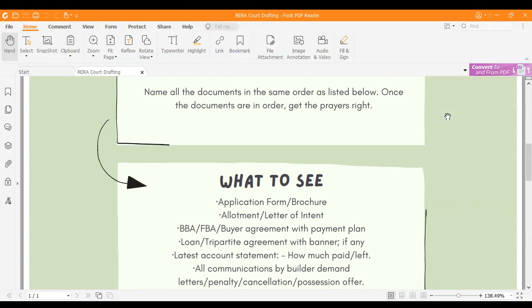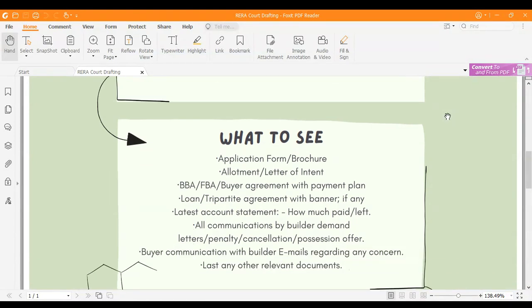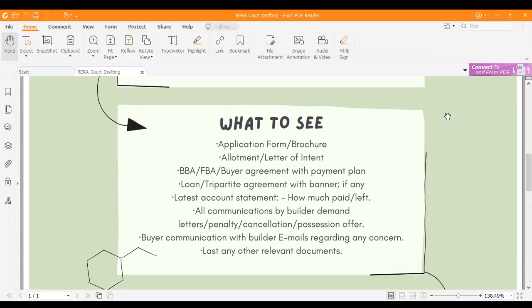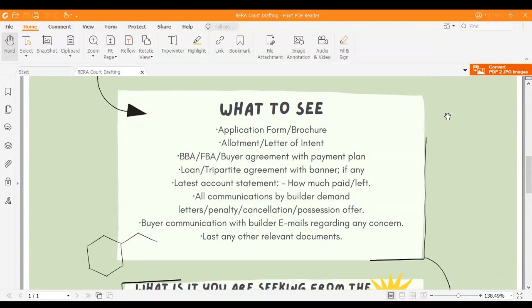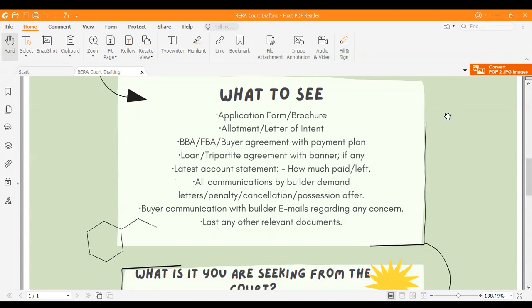Then, based on the application form, the builder issues an allotment letter. Then, once a unit has been allotted, the home buyer goes for the builder buyer and flat buyer agreement along with a payment plan, which mentions in how much time and in what manner the payments will be made to the builder.